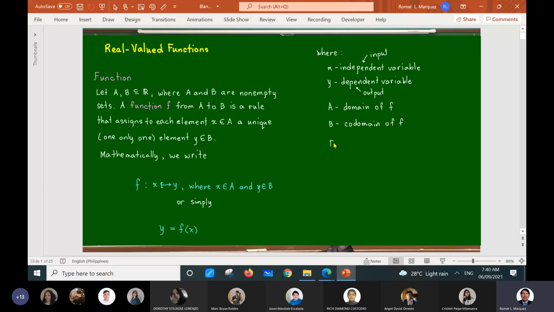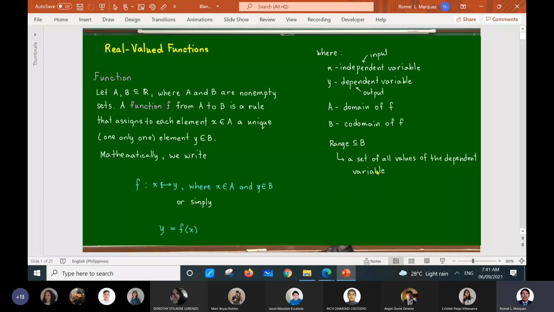Range is a subset of the codomain, and this range is a set of all values of the dependent variable.